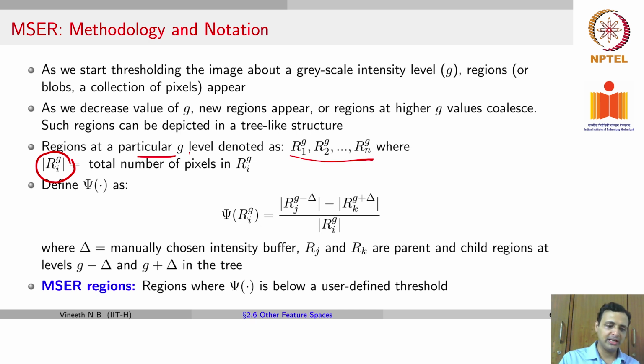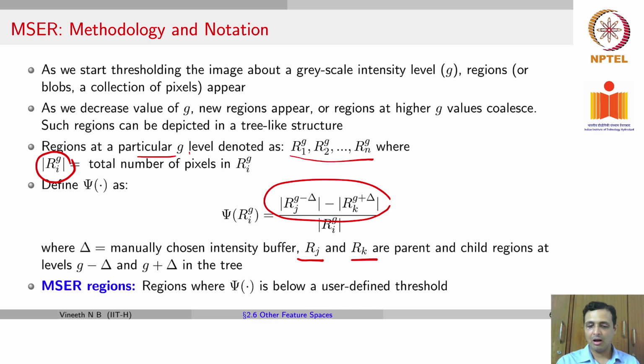Then we define a quantity psi, which is given by the cardinality of Rj at G minus delta minus the cardinality of Rk at G plus delta, divided by the cardinality of Ri. Rj and Rk are parent and child of Ri, of that corresponding region, at slightly different thresholds G minus delta and G plus delta. Let's try to study this a bit more carefully.